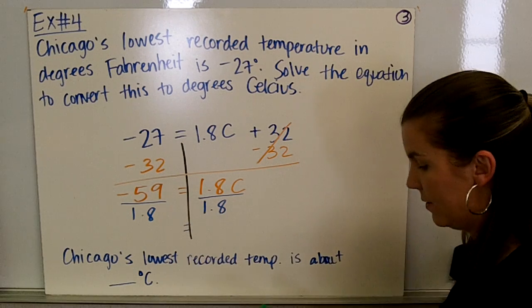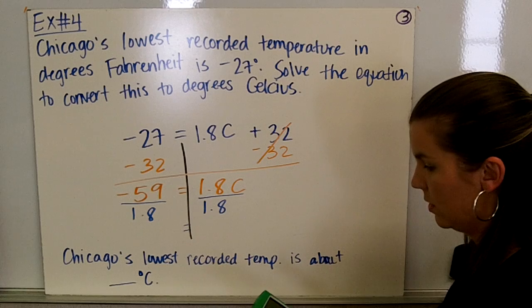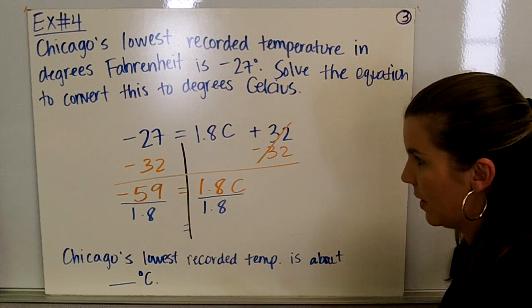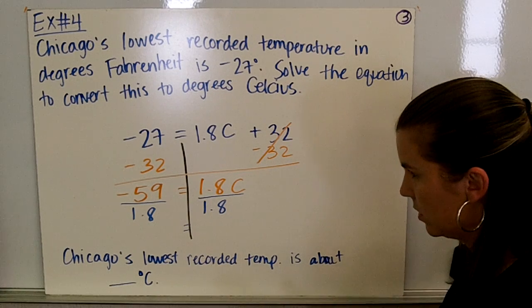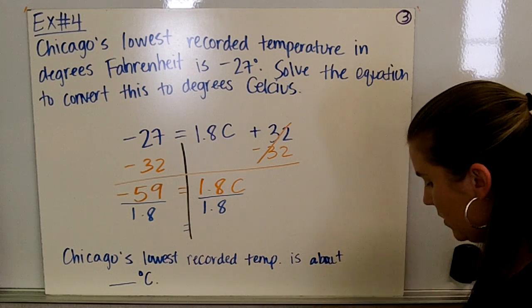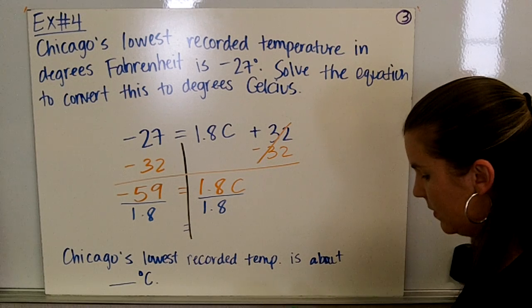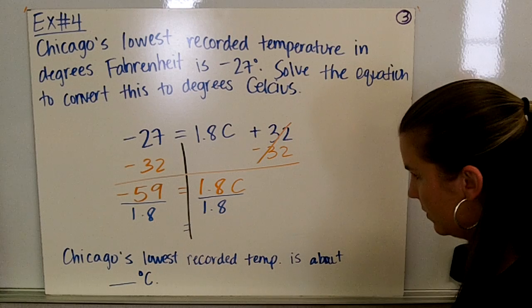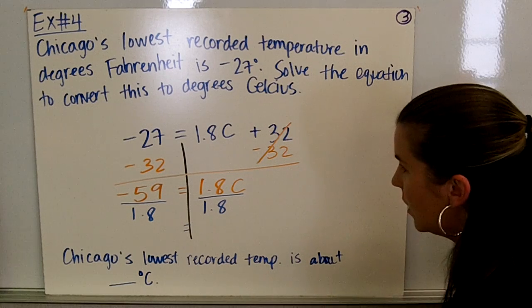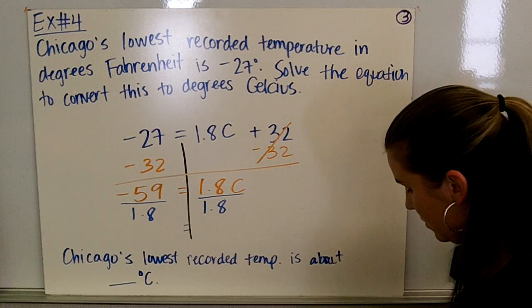And negative 59 divided by 1.8 is negative 32.